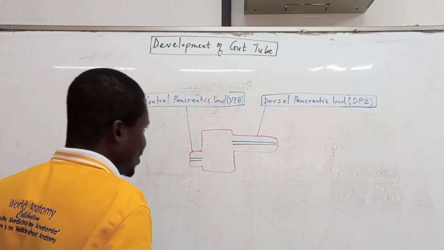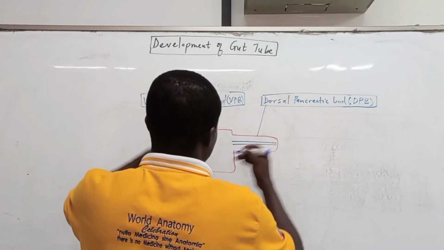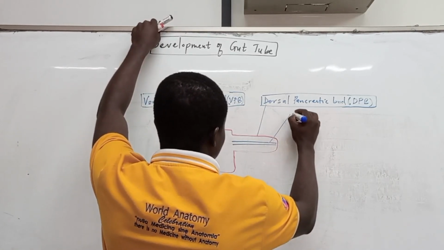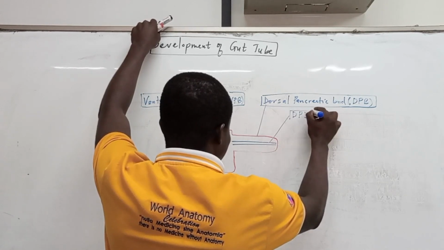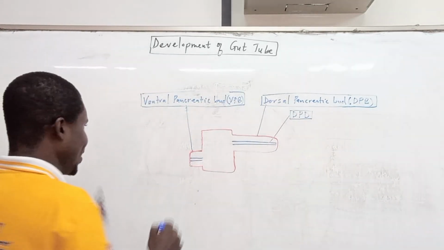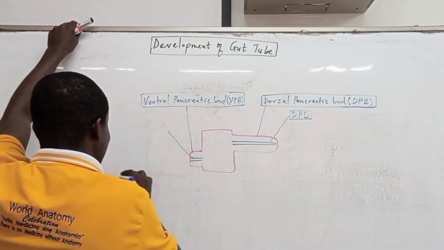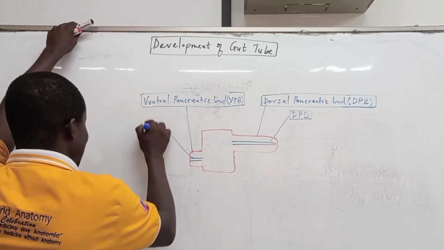So it means that this guy over here will be called the dorsal pancreatic duct, the duct of the dorsal pancreatic bud. Then this one also has its duct, which we call the ventral pancreatic duct.